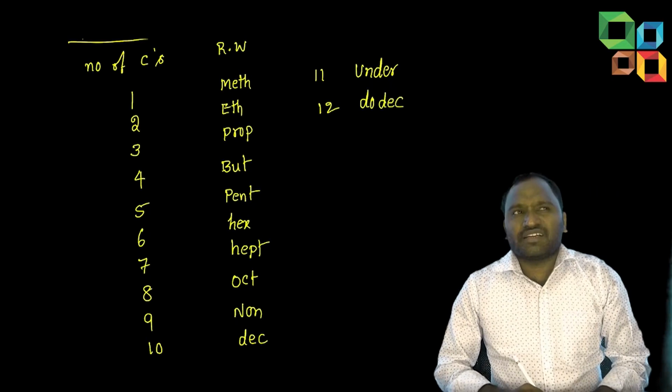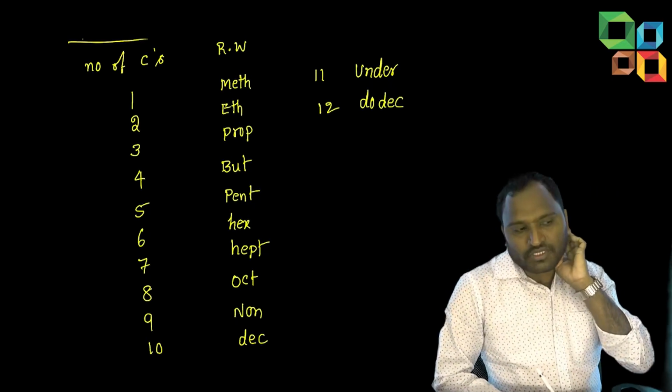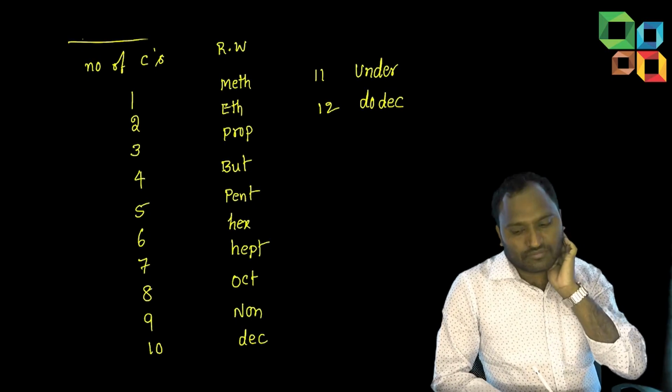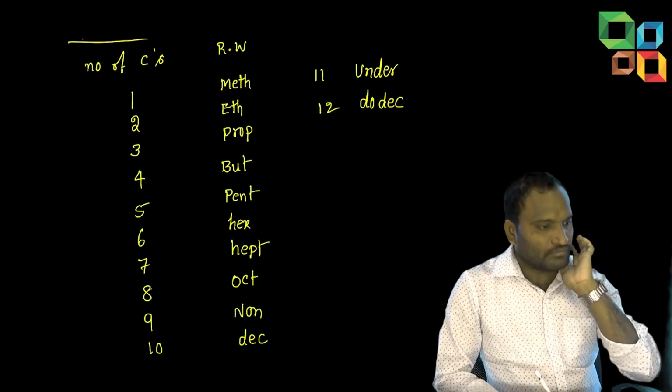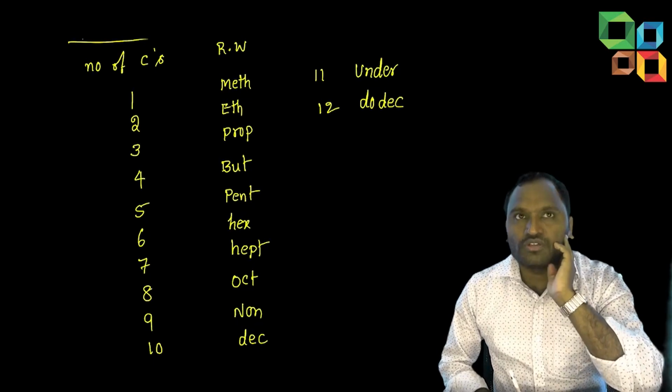Like this, tridec and all. Not required. So one up to 10 we will write. This is about root word.